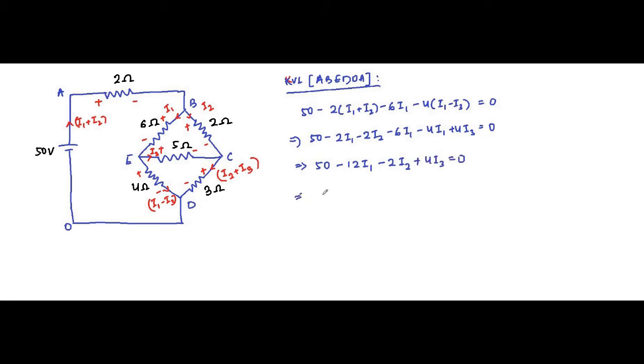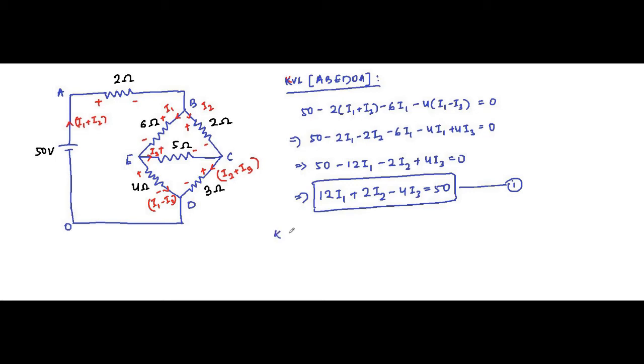That implies 12I1 plus 2I2 minus 4I3 equals 50. Let's say this is equation 1.